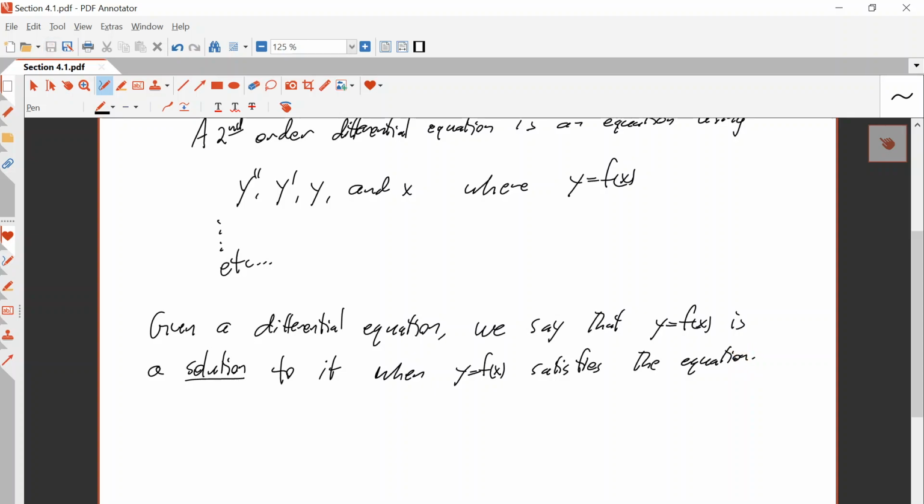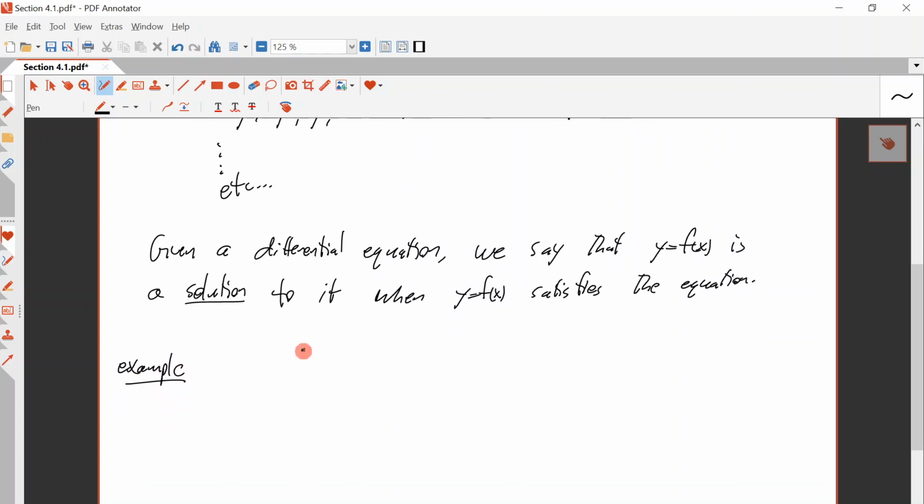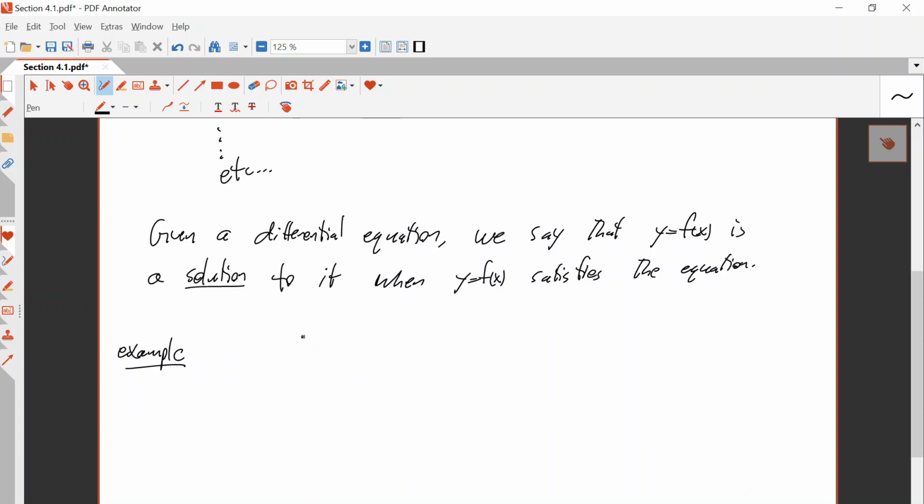Okay, so for example, is y equal to e to the 3x a solution to the differential equation y double prime minus y prime minus 6y equal to 0?